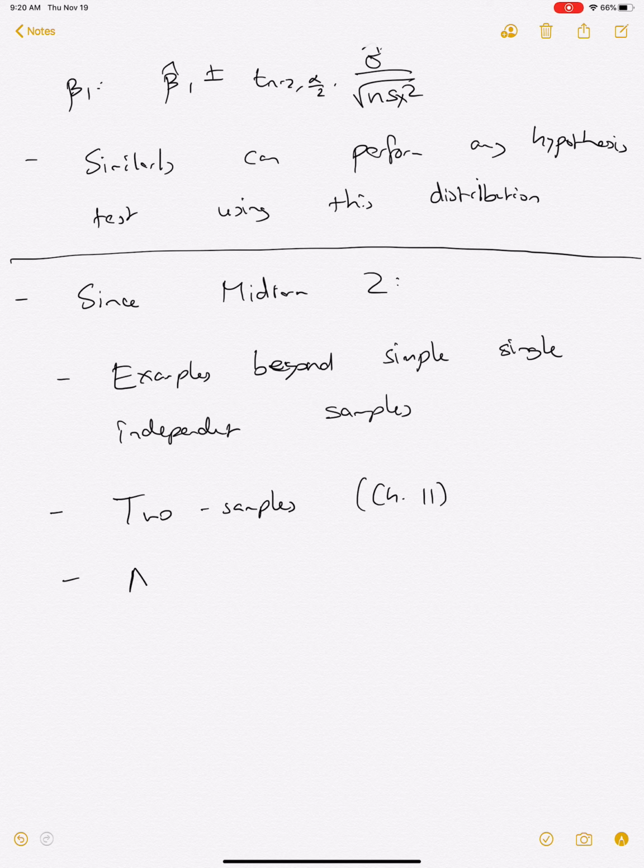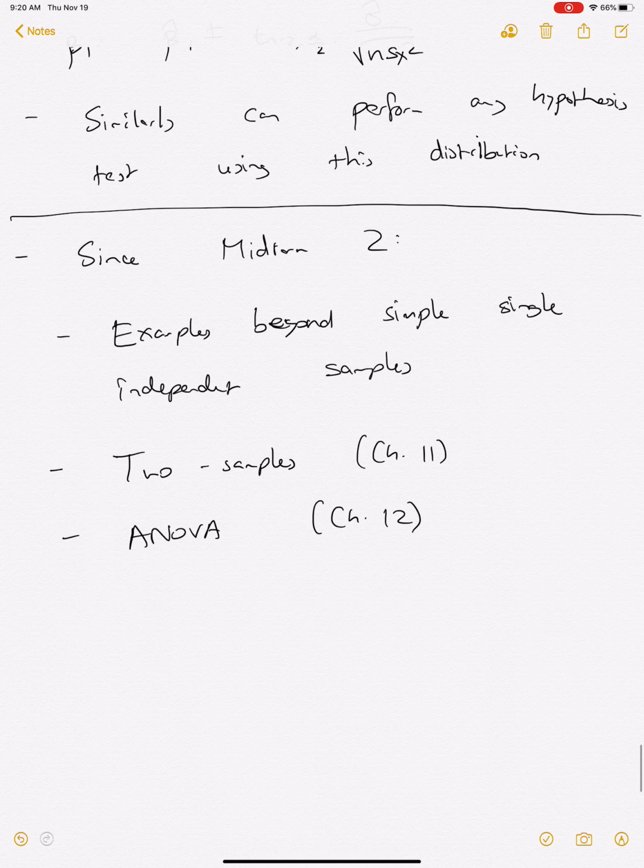Then we covered ANOVA, which was chapter 12. That's the example where, rather than having two sets of samples, you might have I sets of samples, I different groups, and we looked at both one-way and two-way ANOVA. And then we looked at linear regression, which was chapter 14. Again, this was another case where our data is now not just drawn IID from a sample, but we have this covariate xi and then this response yi.